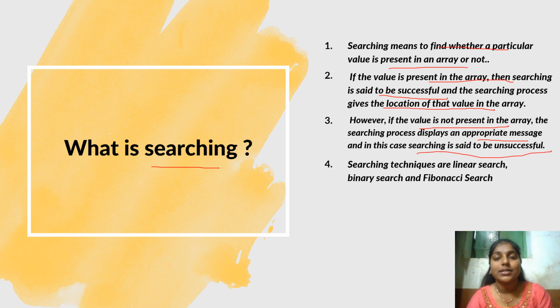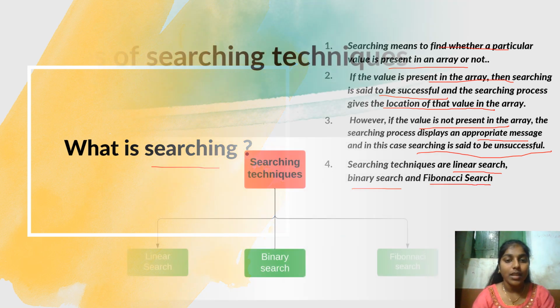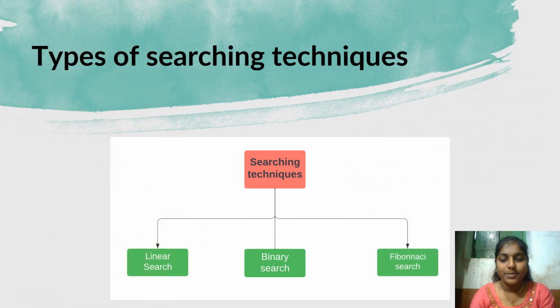Basically, there are three types of searching techniques. One is linear, another is binary, and the third one is Fibonacci search. Here I have represented these searching techniques using a flow chart.